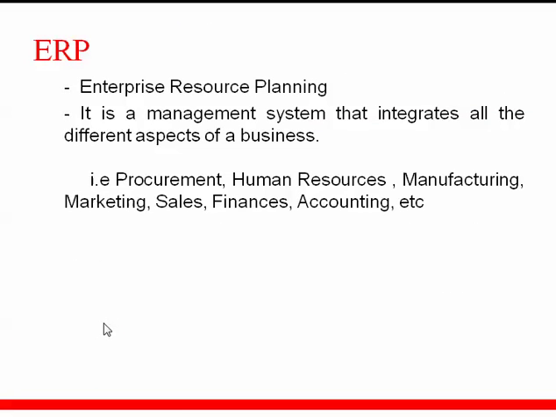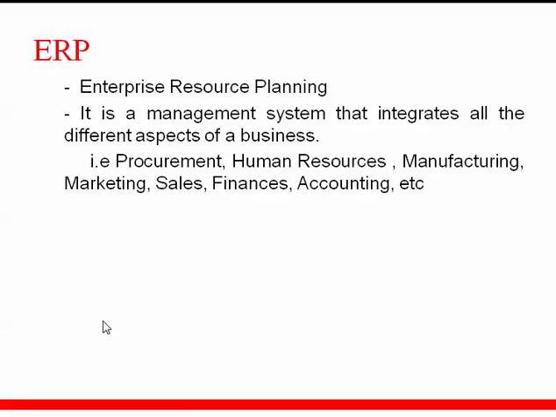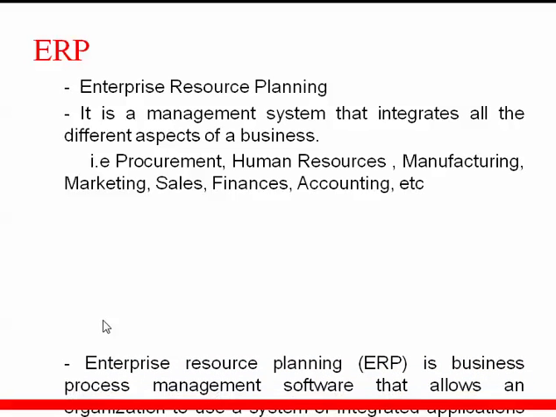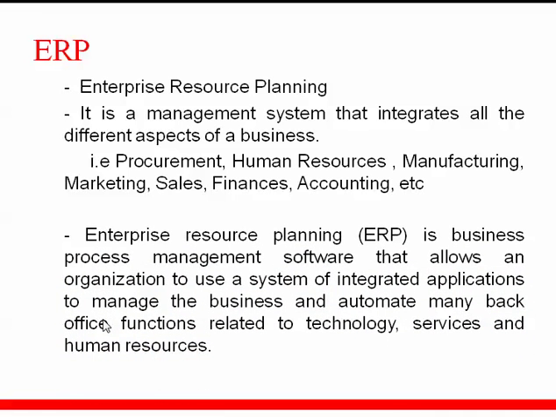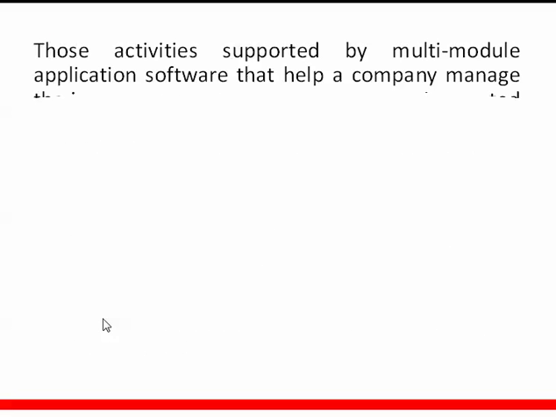Now let us see what ERP is. It is a management system that integrates all the different aspects of a business. Enterprise resource planning is business process management software that allows an organization to use a system of integrated applications to manage the business and automate many back office functions related to technology, service and human resources.